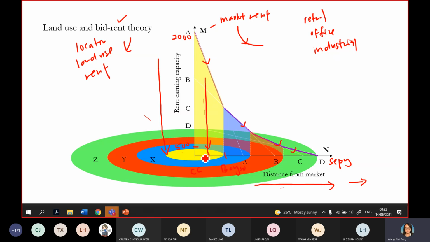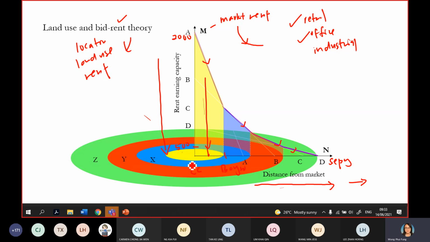So normally X, yellow and also blue color will be suitable for retail and office. Okay, X, Y and Z are normally suitable for industrial or residential. So this illustrates that some land use, like let's say retail, office, depends on accessibility.